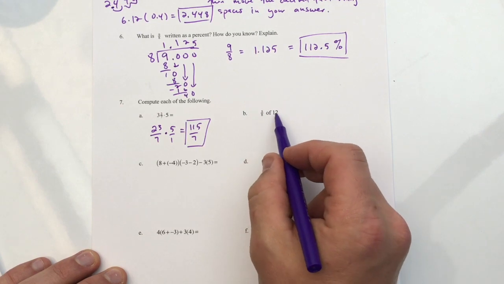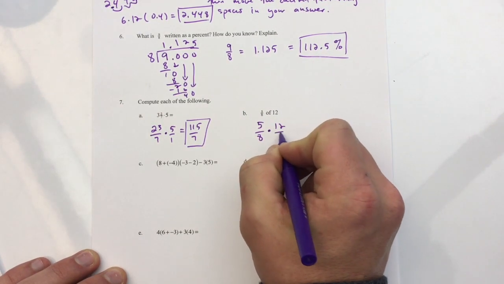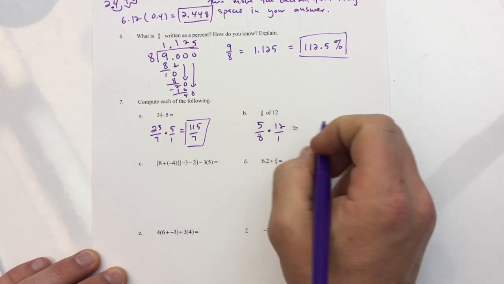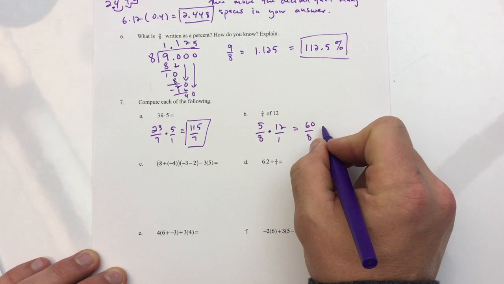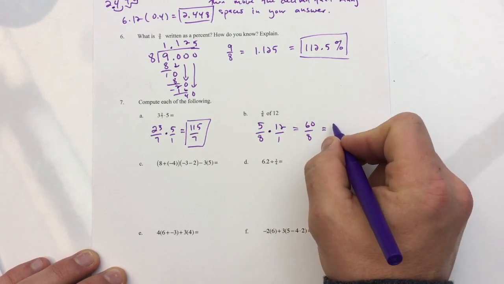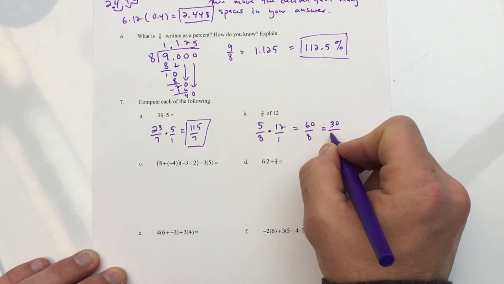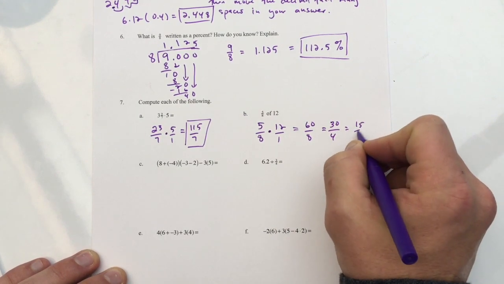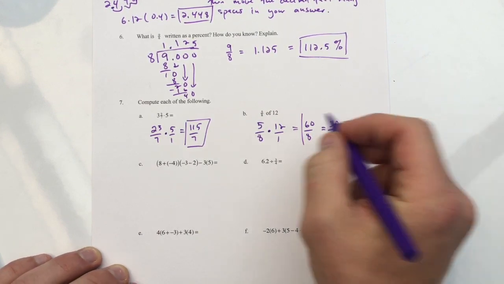B, 5/8 of 12. 5/8 of means multiplication, which is 60/8. I can simplify this to 30/4, which is also 15 over 2, or 7.5. Any of these work for me.